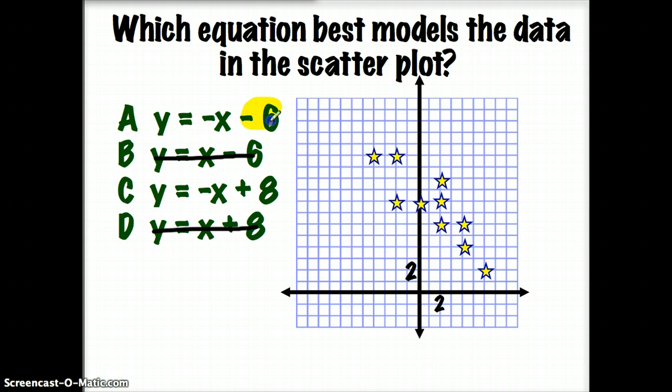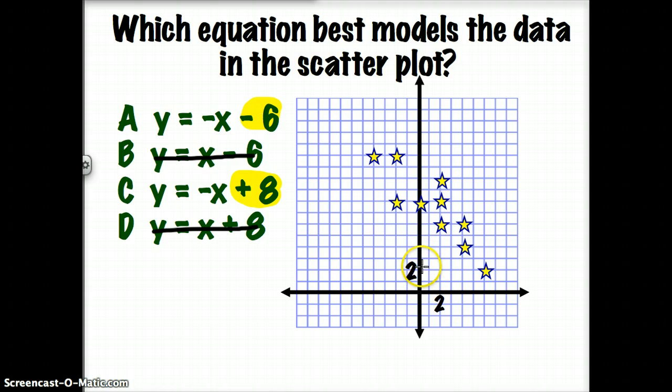So I'm either starting with a y-intercept of negative 6 or a y-intercept of positive 8. A y-intercept of negative 6 will be somewhere down here towards the bottom, so our best bet is going to be to have the equation y equals negative x plus 8.